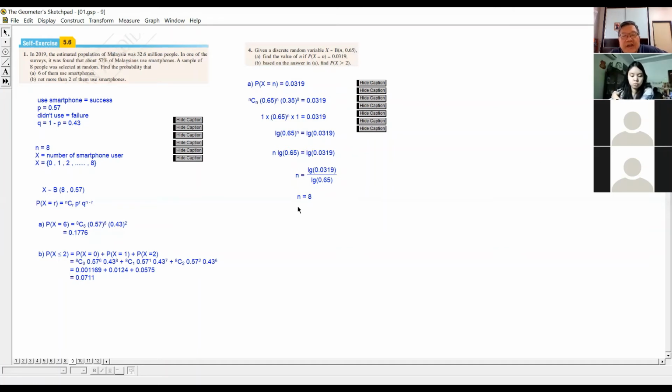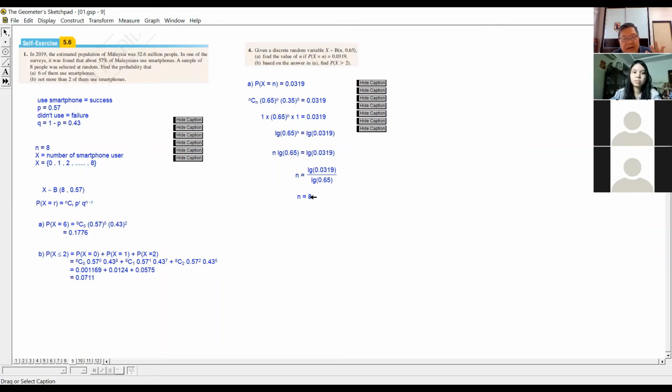So they say using this value n equals to 8, can you solve the B? Probability of X greater than 2. Okay. Now before we solve that, I want to ask you, X greater than 2 means what? X equals to what? X greater than 2 means X is equal to 3, 4, 5, 6, 7, 8.